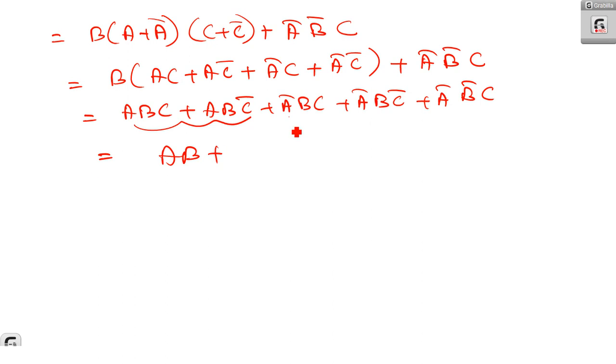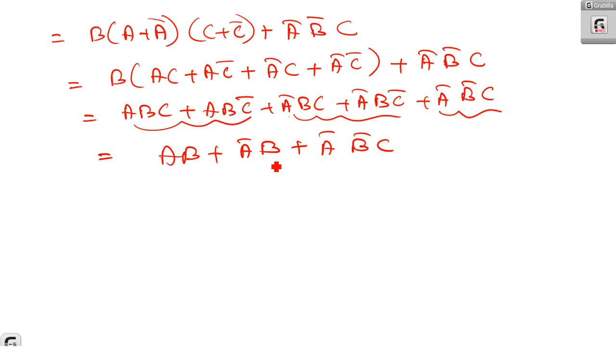Or in these two terms, A bar B is common, so we will get A bar B. Or in this term, you will get A bar B bar C.